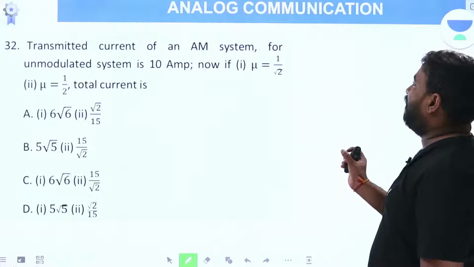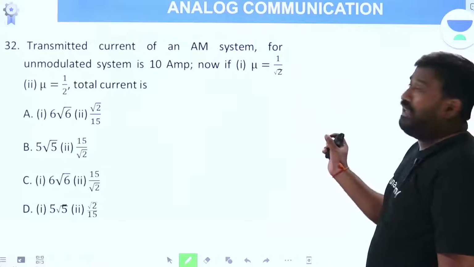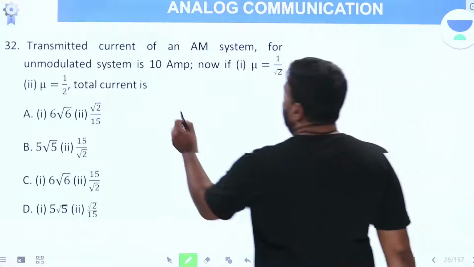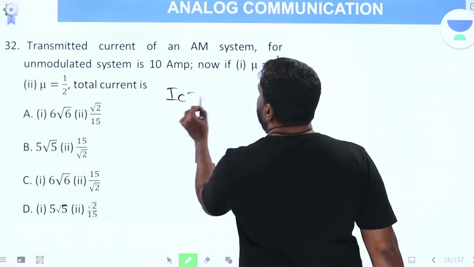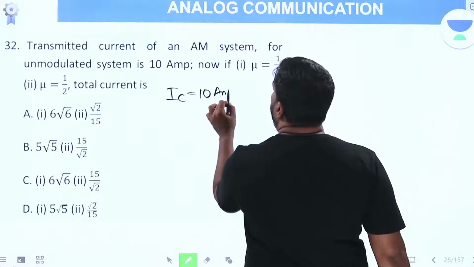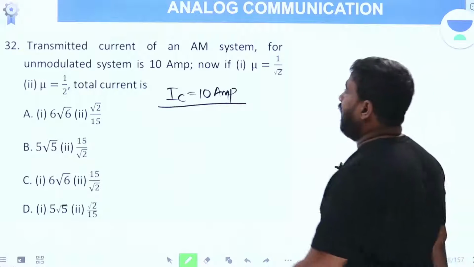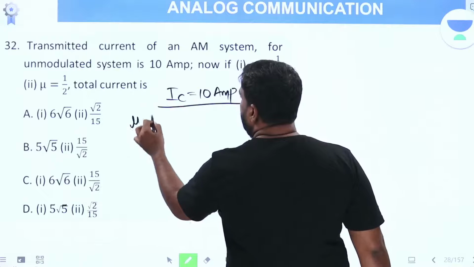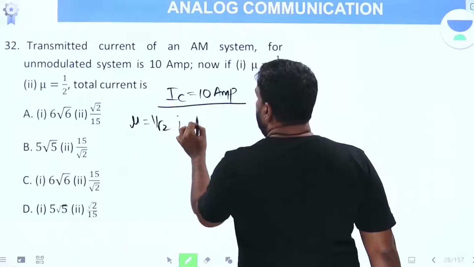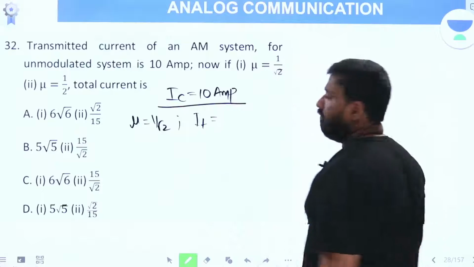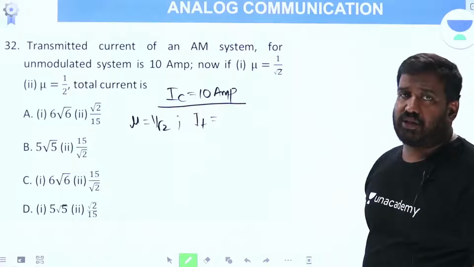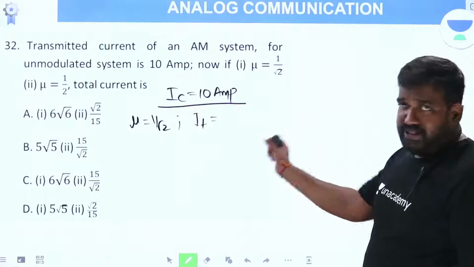Transmitted current of an AM system for unmodulated system is 10 amp. Means what? Unmodulated means carrier current is 10 amp. If mu is 1 by root 2, find IT. Yesterday we had derived the formula for this also. Even for this I derived a formula.